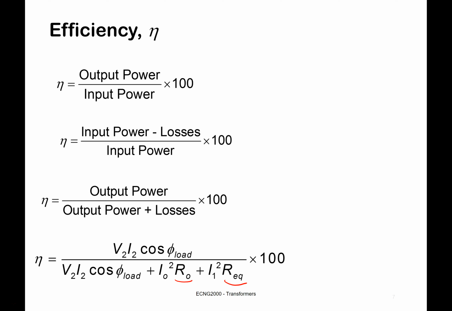Now here we have the output power V2 I2 cos theta load, and this is very important. What we're looking at here, since it is the output power, remember we have the transformer, and I'm just drawing the ideal transformer here.